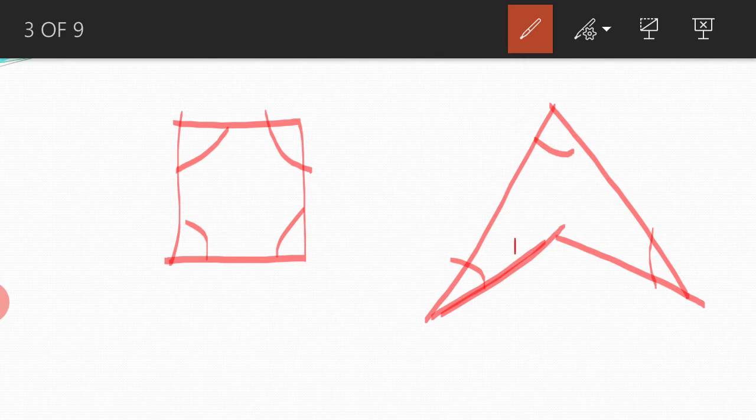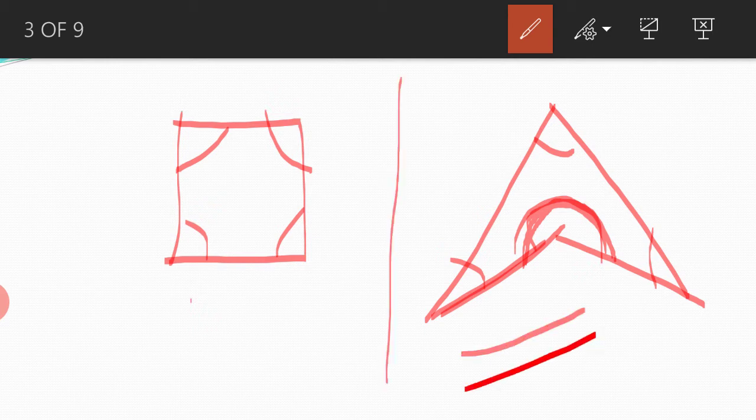But what about this particular angle? It is a reflex angle. If at least one interior angle of a polygon is reflex, then such a polygon is called as concave polygon.